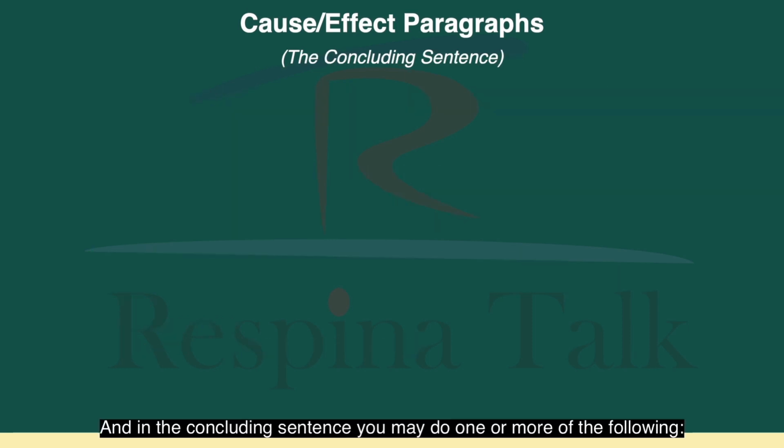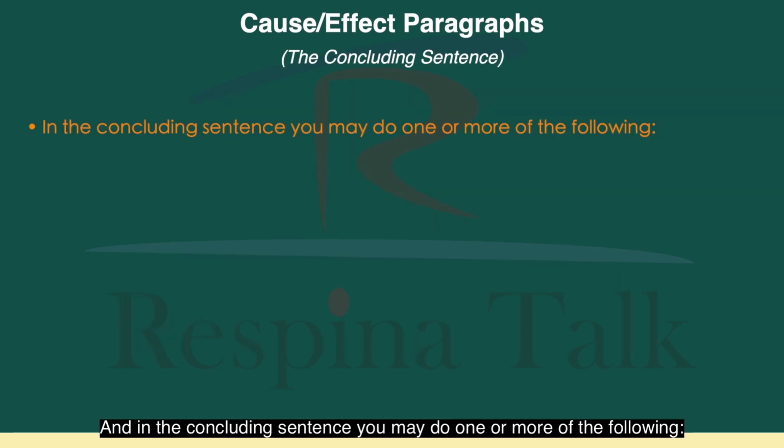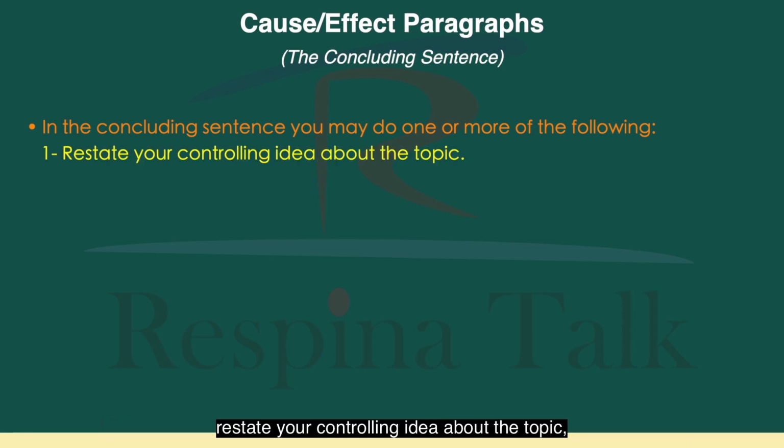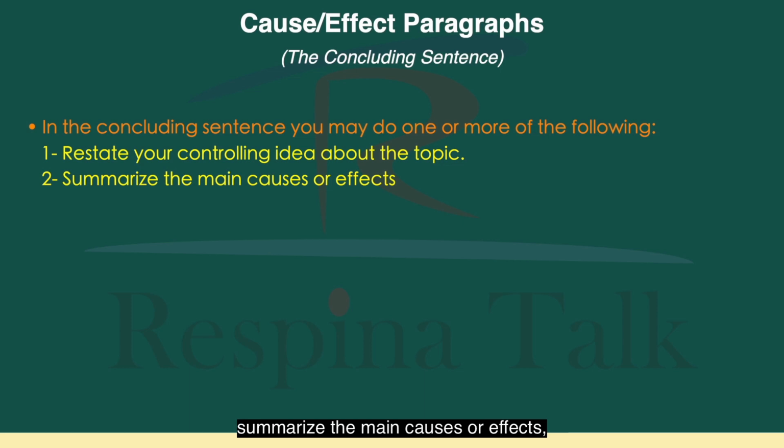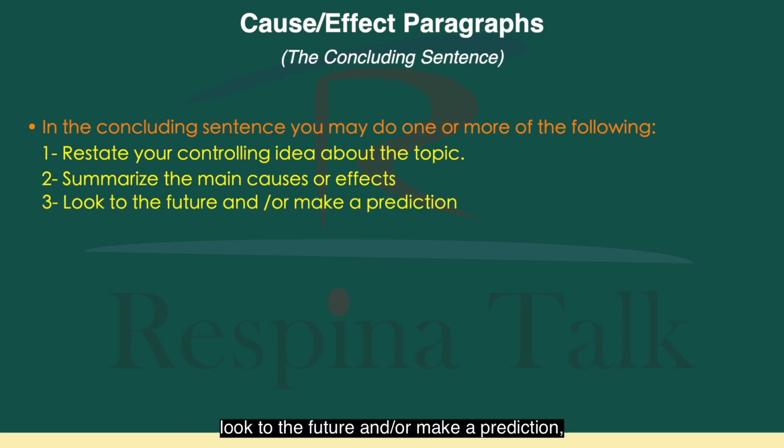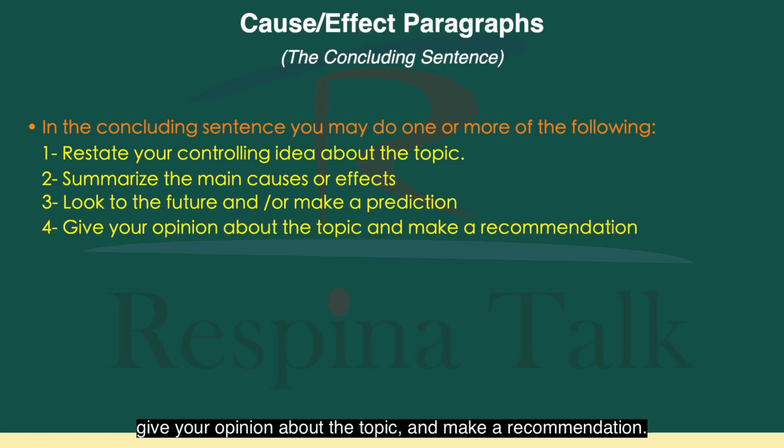And in the concluding sentence, you may do one or more of the following: restate your controlling idea about the topic, summarize the main causes or effects, look to the future, and/or make a prediction. Give your opinion about the topic and make a recommendation.